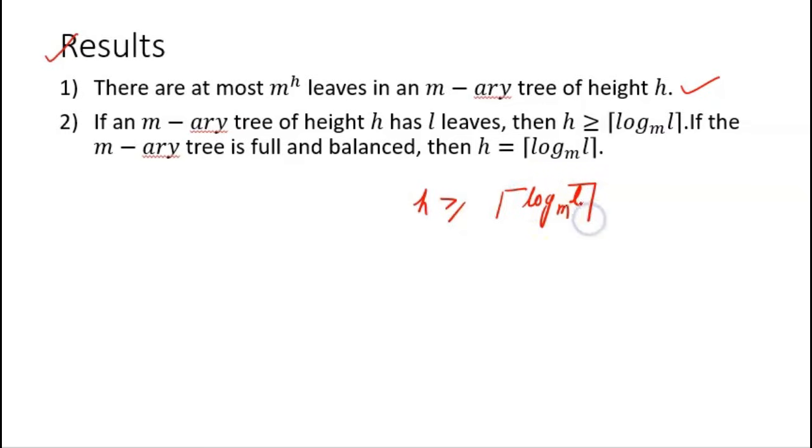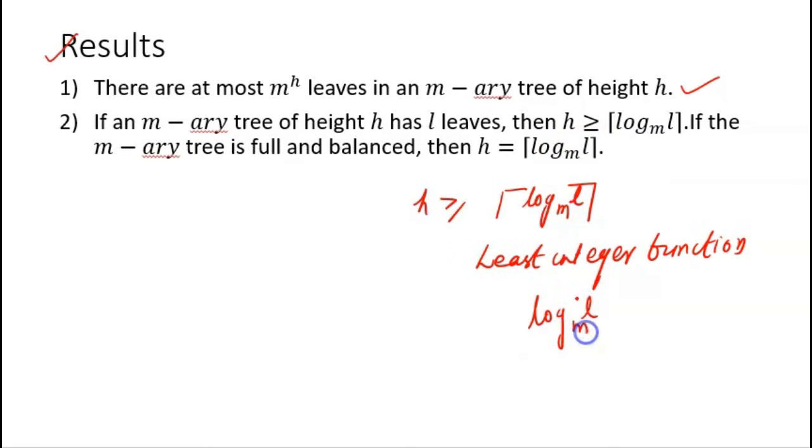The ceiling function is also known as the least integer function. Whatever value I get, I take the integer value which is greater than it; out of all the integers greater than log of l to the base m, we consider the least of them.